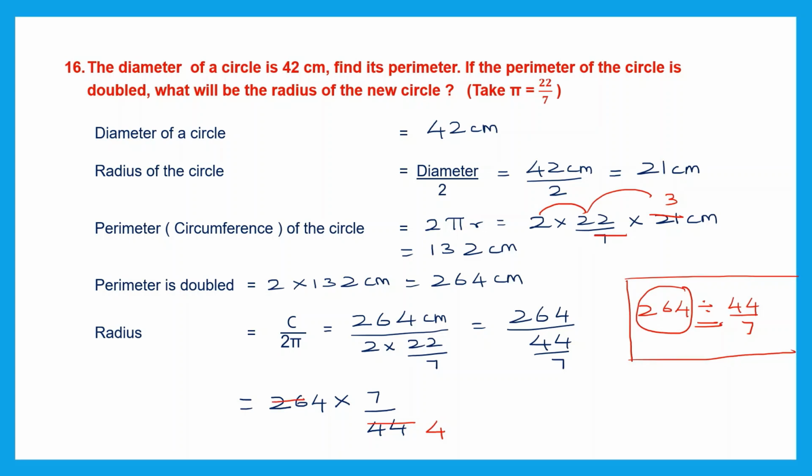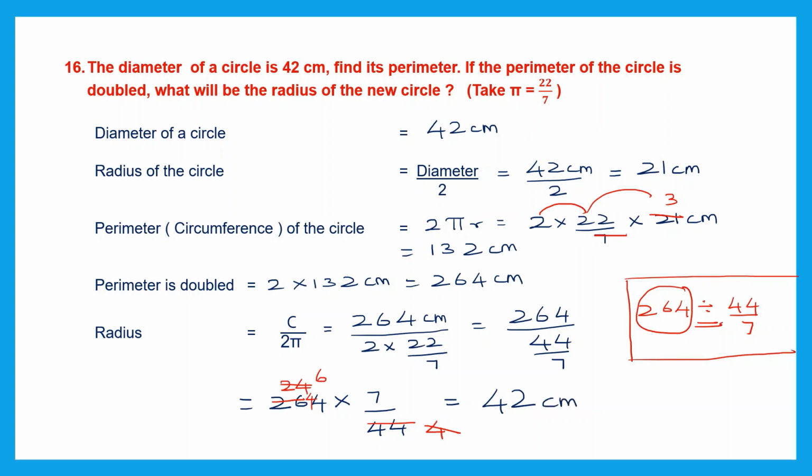Now 11 into 2 is 22, isn't it? But this number is 26, so there is 4 remaining. 44. So 11 fours are 44. Now I can cancel 4 and 24 by 4 itself. 4 6s are 24. Now let's multiply the numerators here. 6 7s are 42. So the new radius is 42 centimeters.